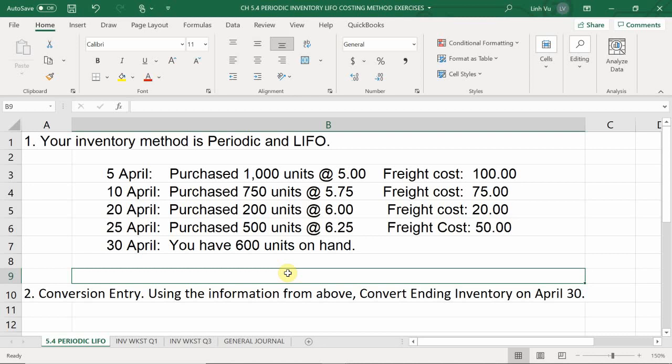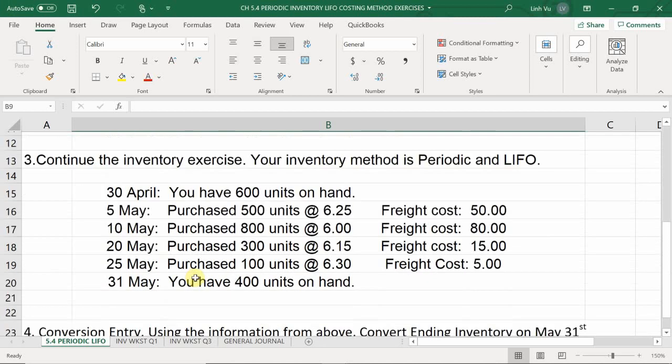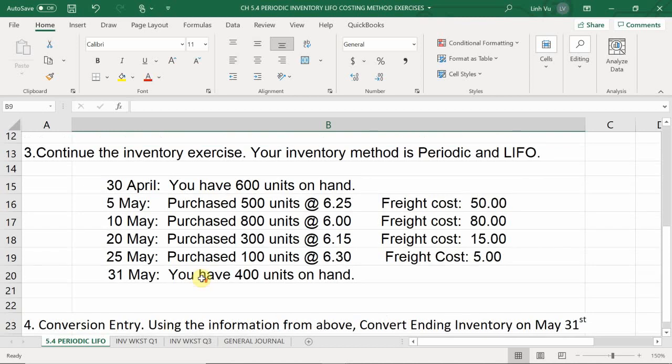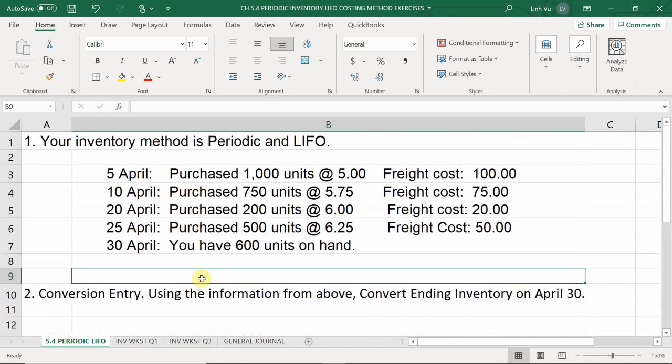For scenario number 1 only, I want you to continue to practice journalizing the transaction, and then practice journalizing the conversion entry. Okay, you know what? I'm going to switch this up real quick.